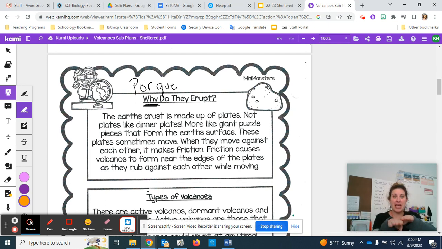These plates sometimes move. When they move against each other, it makes friction. Friction causes volcanoes to form near the edges of the plates as they rub against each other while moving and when they separate.